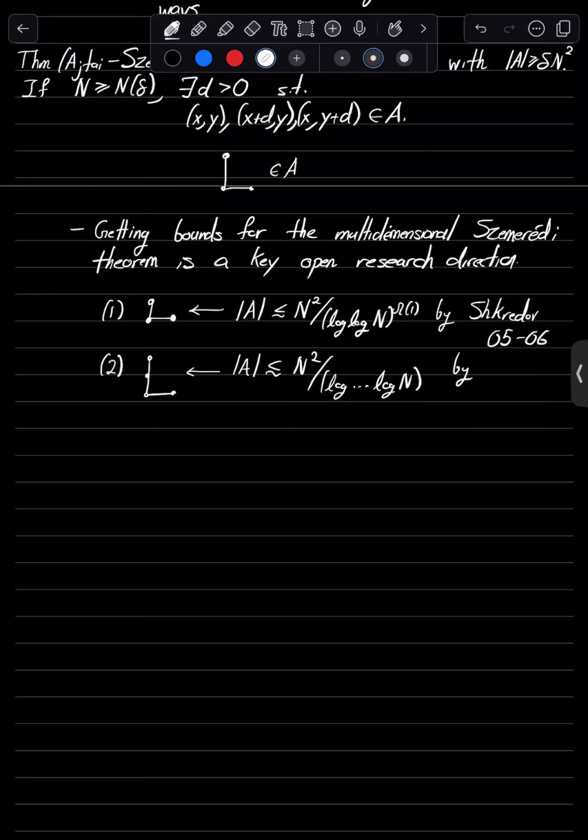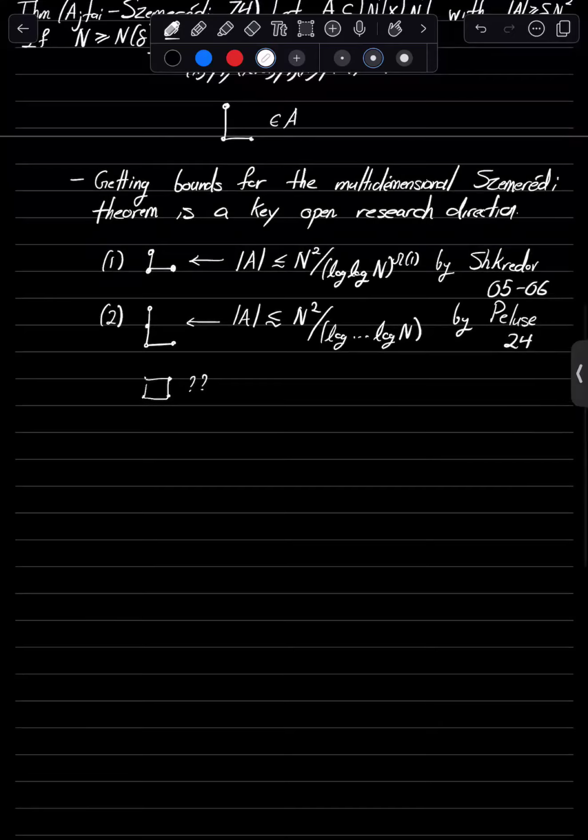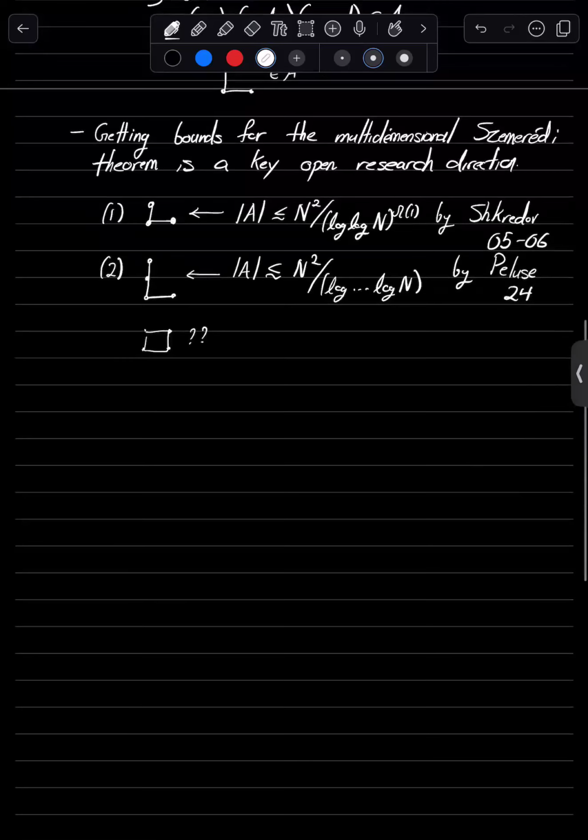But this was done in a really quite difficult paper of Sarkozy. For instance, you could ask for axis-aligned squares, and this is a complete mystery. I think this is a problem that many people have thought about, and it's an extremely difficult problem. So the goal of the talk will not be to make progress in this direction; we're going to try to improve the corners bound.